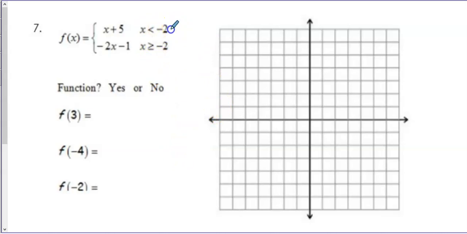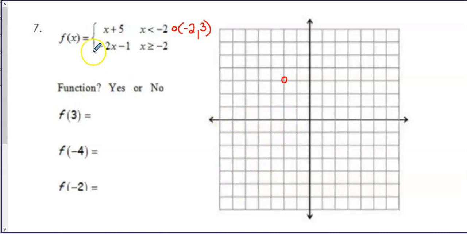This is going to be an open circle. I'll do this one in red. This is -2, and -2 plus 5 is 3. So I'm going to have an open circle at (-2, 3) right here. All right, and then what I need to do is figure out where the rest of this graph goes. I know that it's going to be over here on this side of the -2. I know that the slope is +1. So I could do that, or I could pick another, like -3, -4, whatever.